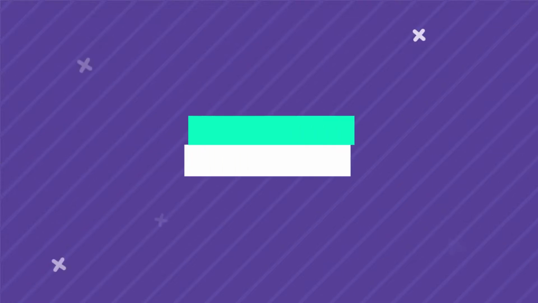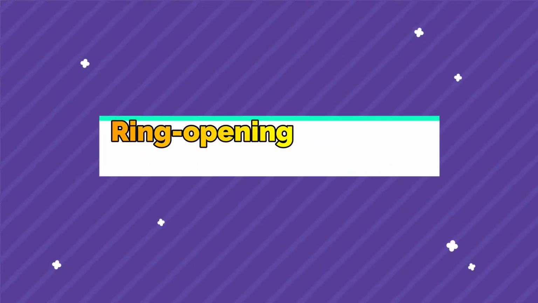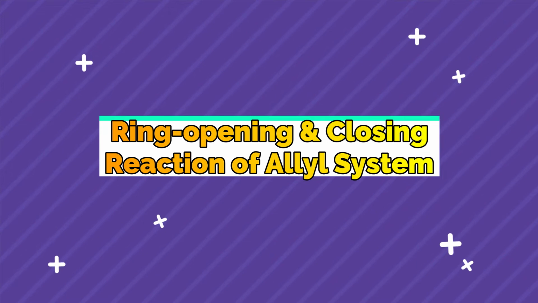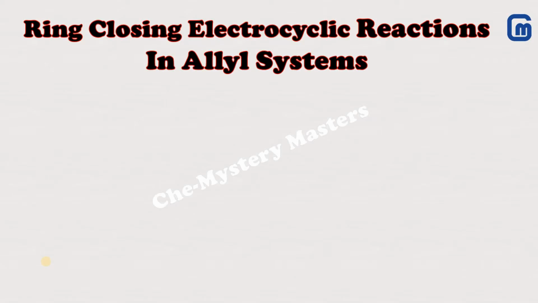So like 4n pi electron system and 4n plus 2 pi electron system, the ring closing and ring opening electrocyclic reaction can be studied in allyl system also. So here first we will be taking the example of ring closing electrocyclic reaction in allyl system.